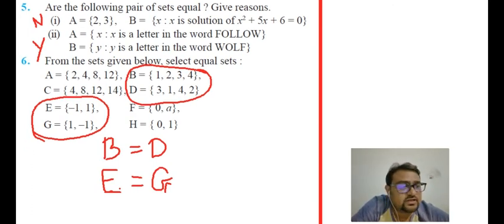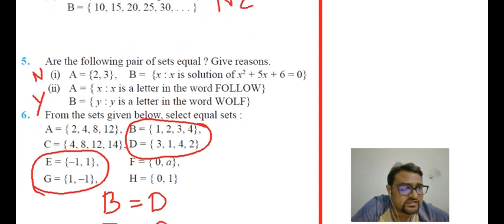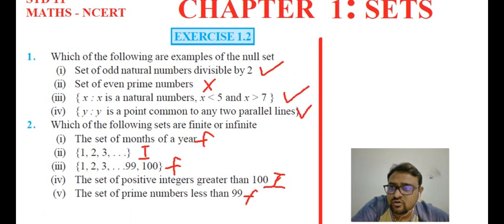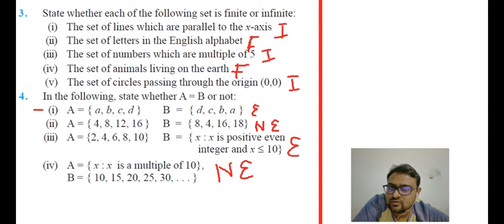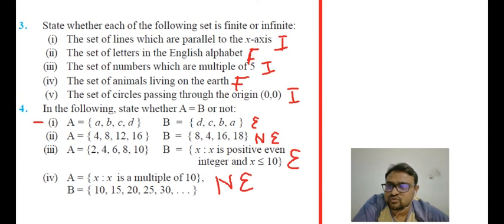Now let's see the solution of the complete exercise. You can note it down. Okay, these are question number 1 and 2. Just note it down. Question number 3 and 4.